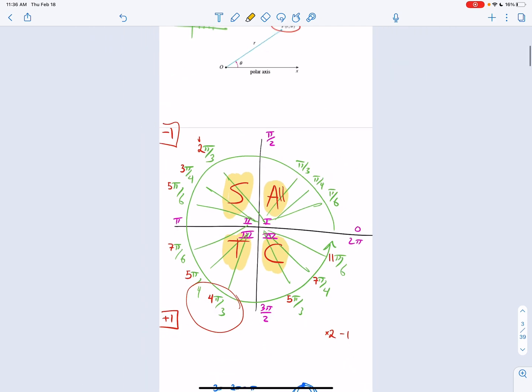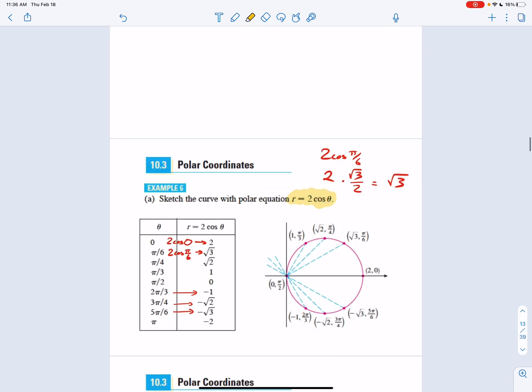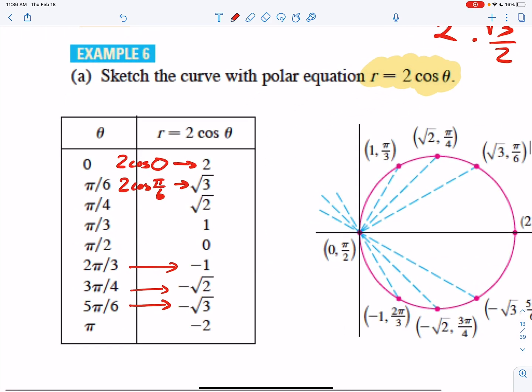So I know that since I was dealing with 2 pi over 3, 2 pi over 3 is in quadrant 2, and I know the only thing that comes out positive is sine there. And since we're dealing with cosine, I know that it comes out negative. That's just a quick refresher there, okay?